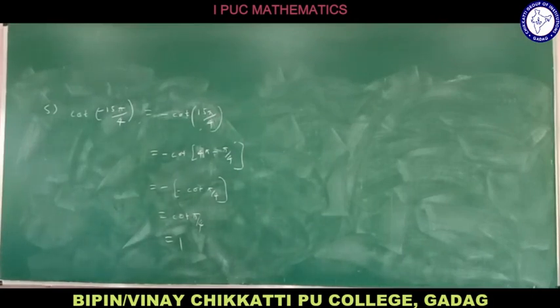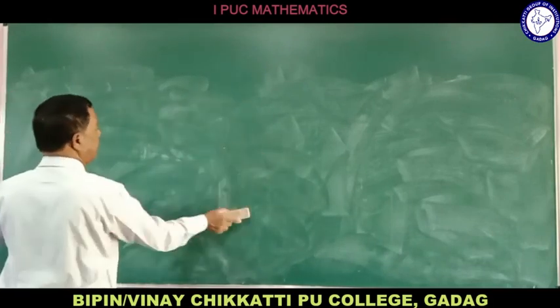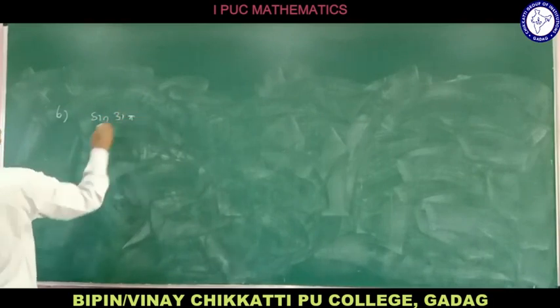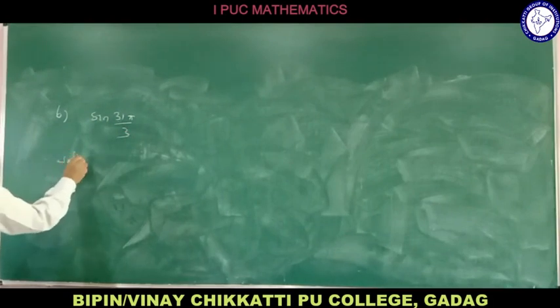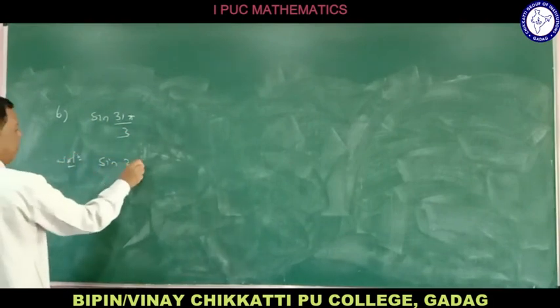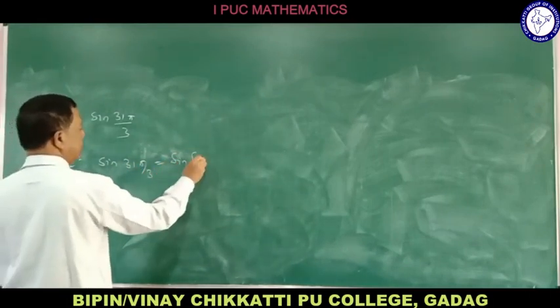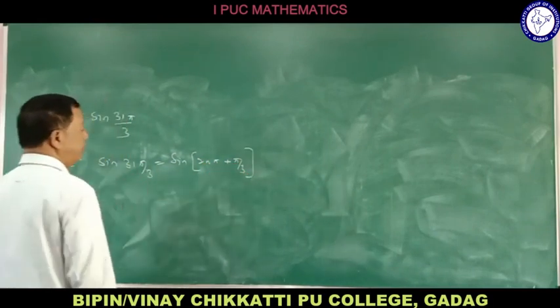Now you see the last but one, the sixth one: sine of 31 pi by 3. See this solution: sine of 31 pi by 3 is equal to sine of 2n pi plus pi by 3.